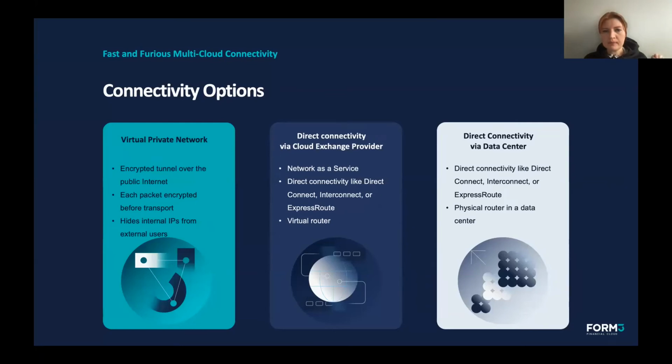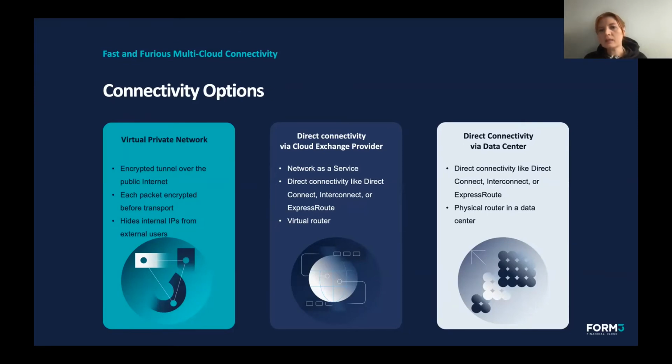The second option, direct connectivity via a cloud exchange provider, where we basically use a network as a service provider. So some third-party vendor which allows us to quickly create direct connections across clouds, namely Direct Connect, Interconnect, or Express Route for AWS, GCP, and Azure respectively.